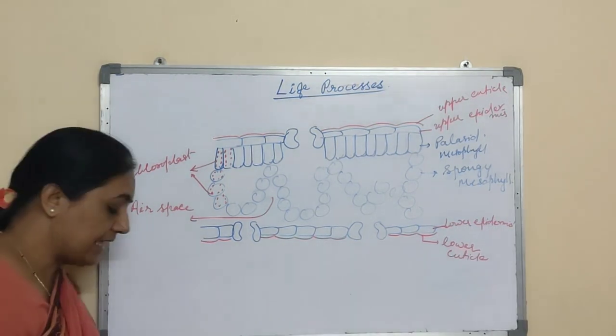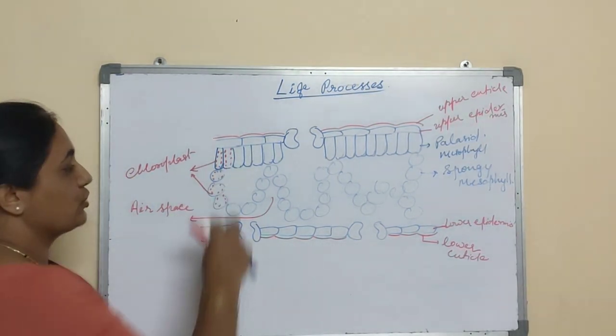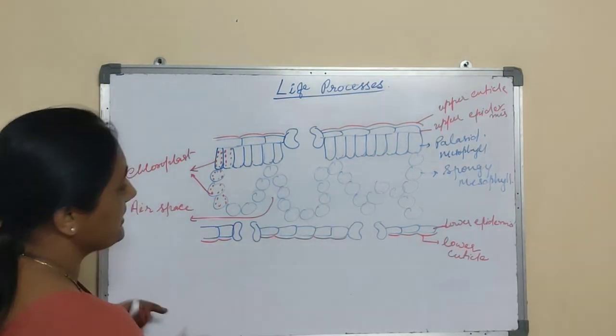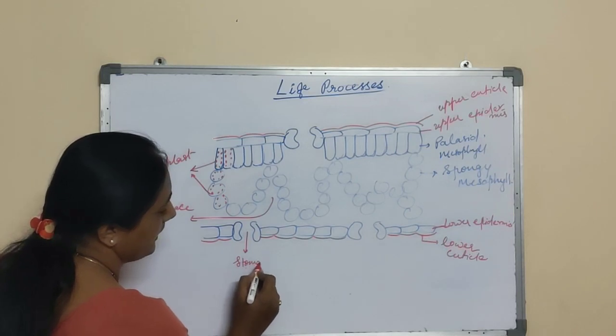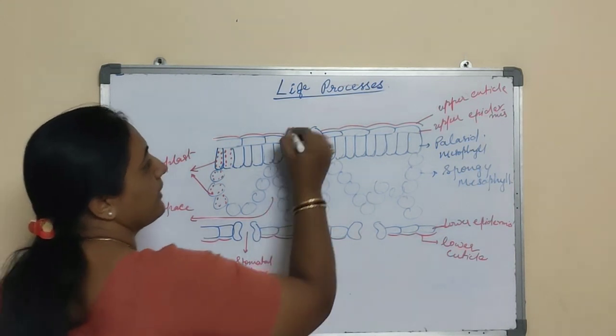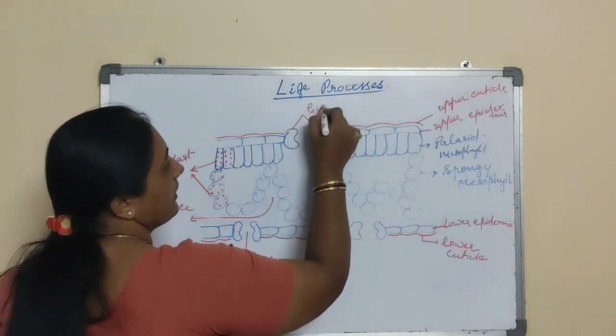Whatever gases, CO2 and O2, are released, these gases diffuse and are stored in these spaces, in these chambers. And this is the stomatal pore or stomatal opening. These two bean-shaped structures are the guard cells.